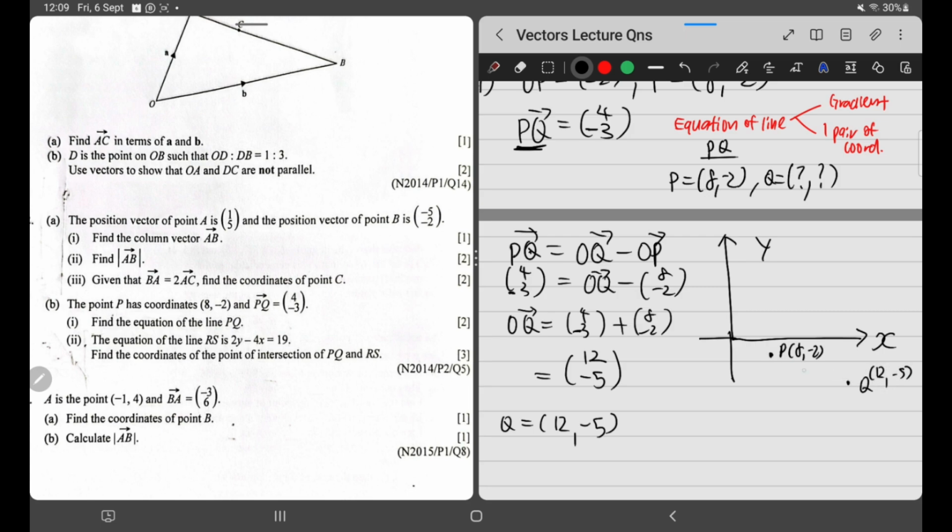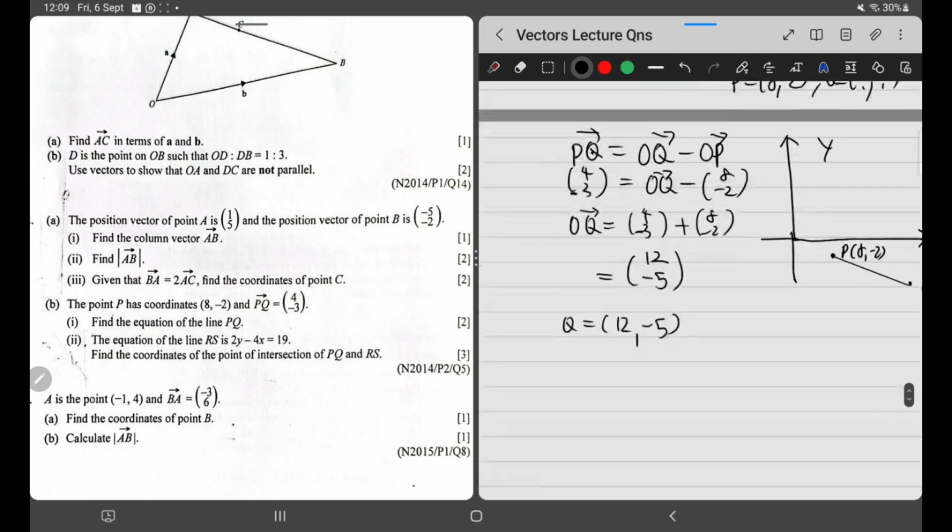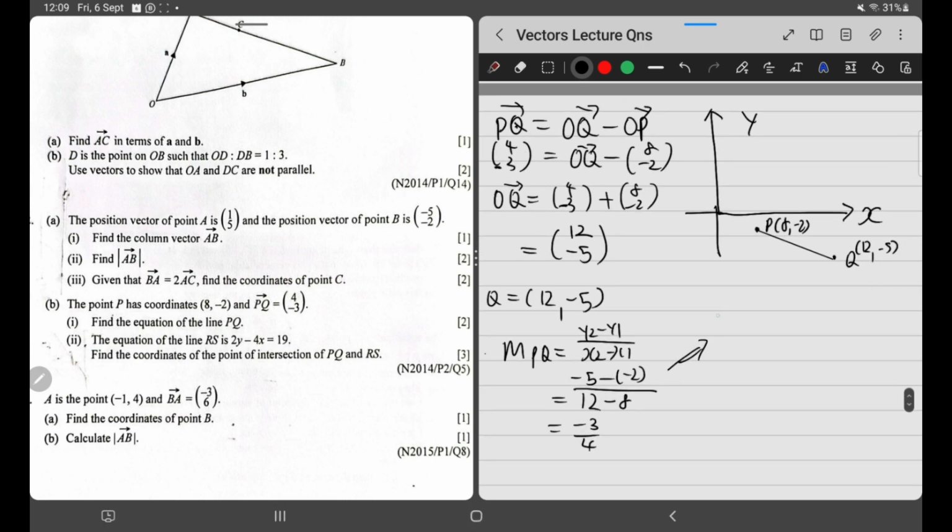So this is how my graph looks like. So how can I find the equation of this line? I need to find the gradient. Therefore, the gradient of PQ is y2 minus y1 over x2 minus x1. I put -5 minus -2 over 12 minus 8. So I get -3 over 4.